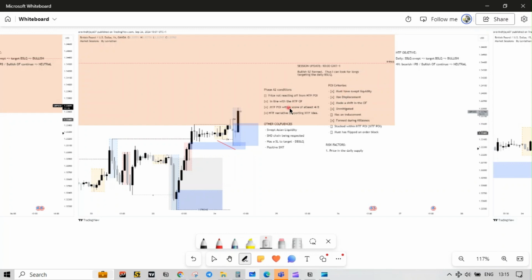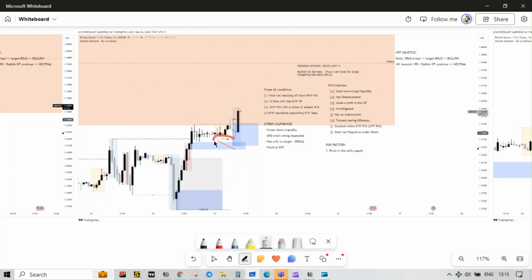So what are the POI criteria? It has swept liquidity, it has displacement, made a shift in the order flow, and it is unmitigated, still yet to be mitigated, and it has come during the kill zone mainly. So all these confluences add up and make it a good POI. So what are the other confluences for this trade idea?